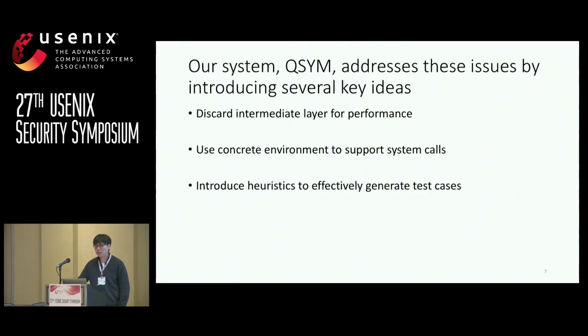So our system QSYM can address these issues by introducing several key ideas. First, we discard the intermediate layer, which is one of the performance bottlenecks in current concolic execution for hybrid fuzzing. Second, we use a concrete environment to support system calls. And third, we introduce several heuristics to efficiently generate test cases for hybrid fuzzing.